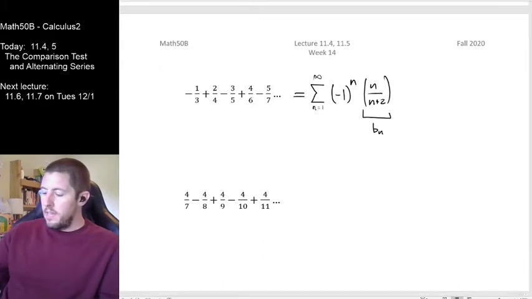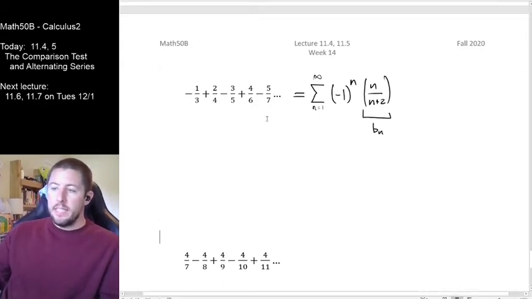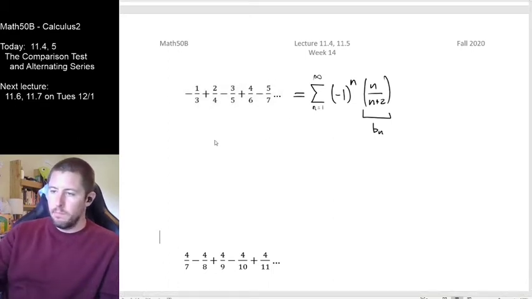One thing that I can see here is that it doesn't look like our magnitudes of the terms are decreasing. This is 1/3. The next one is 1/2.